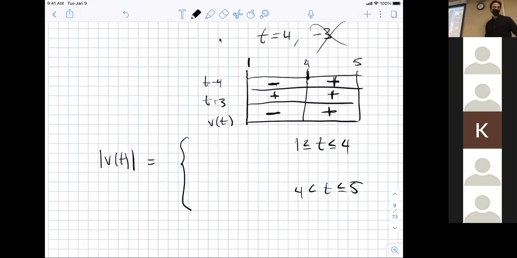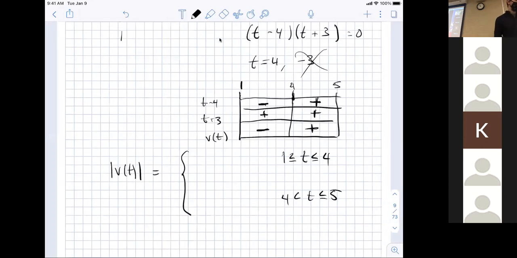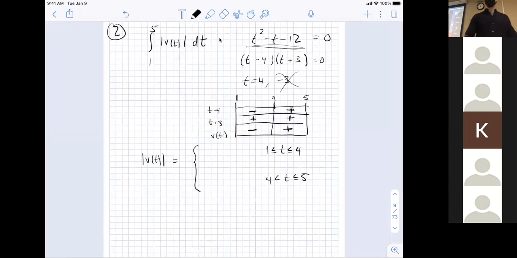So what is the absolute value of v of t when t is between 1 and 4? -t squared plus t plus 12. Perfect. Exactly right. You just take the negative of v of t, because v of t is negative here. That means we take the negative of it to get the absolute value of it.